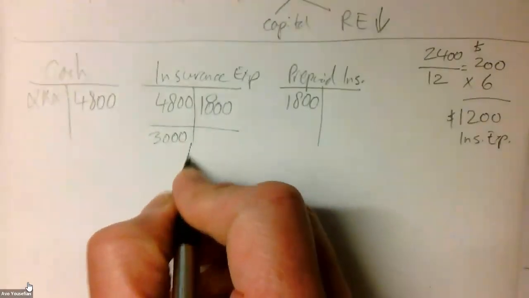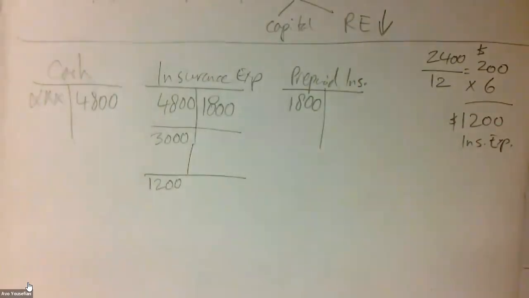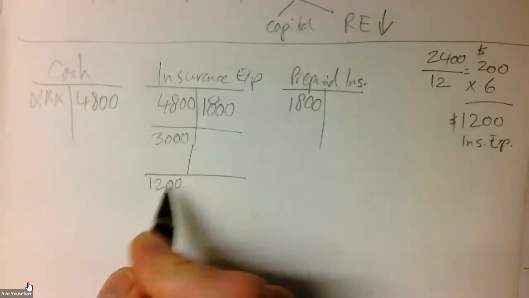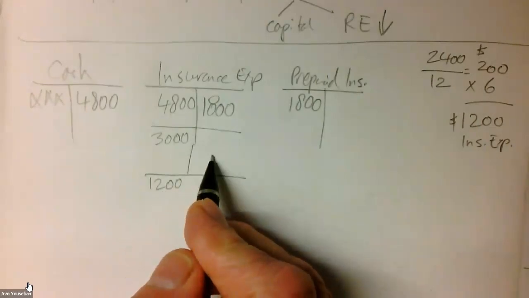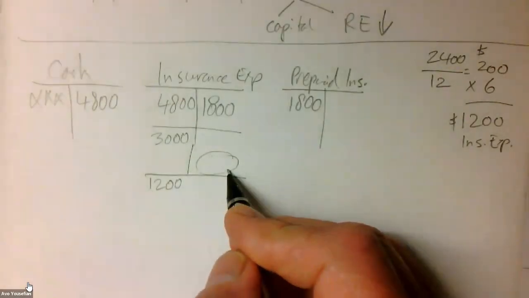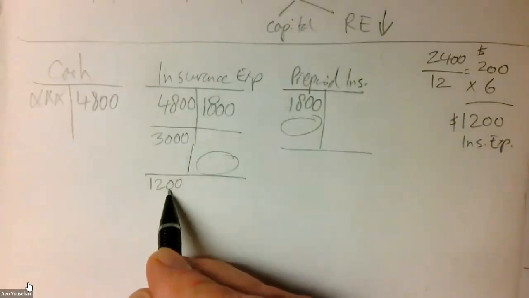This is too much. So you need to do what? You have to say, I want $1,200 of insurance expense, not $3,000. So in order to get this $1,200, I need to reduce expense by some dollar amount. That's a credit. And debit, that means deferred to prepaid insurance by some dollar amount. Okay, so 3,000 minus 1,200, that's 1,800.